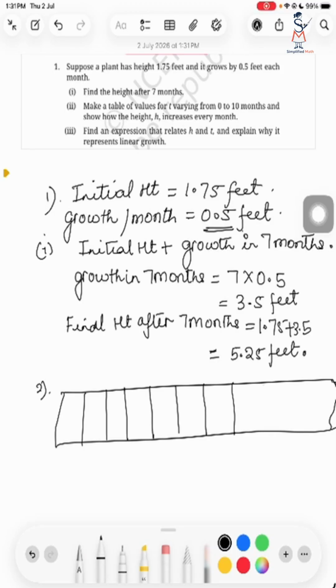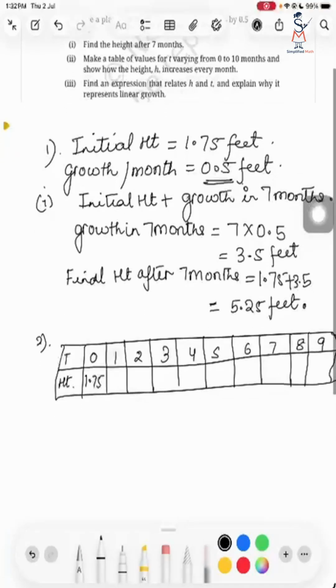Six, 7, 8, 9, 10. Right? So now in this table there will be two portions. One is the time and the other one is the height. Time starts from 0. We'll put down all the months. The initial is 1.75 height.